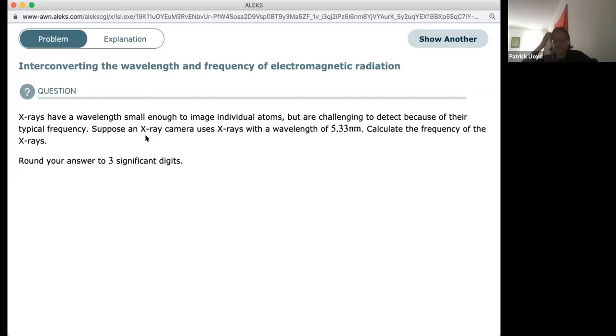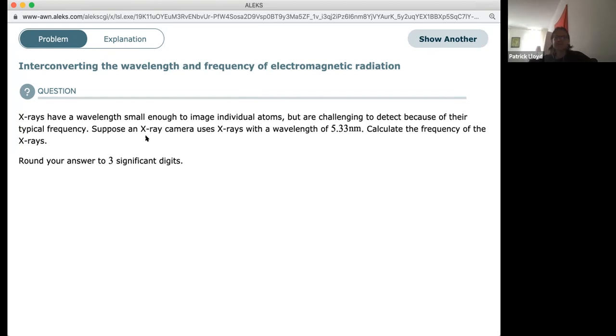Let's take a look at this one. Interconverting wavelength and frequency. X-rays have a wavelength small enough to image individual atoms, but are challenging to detect because of their typical frequency. Suppose an X-ray camera uses X-rays with a wavelength of 5.33 nanometers.